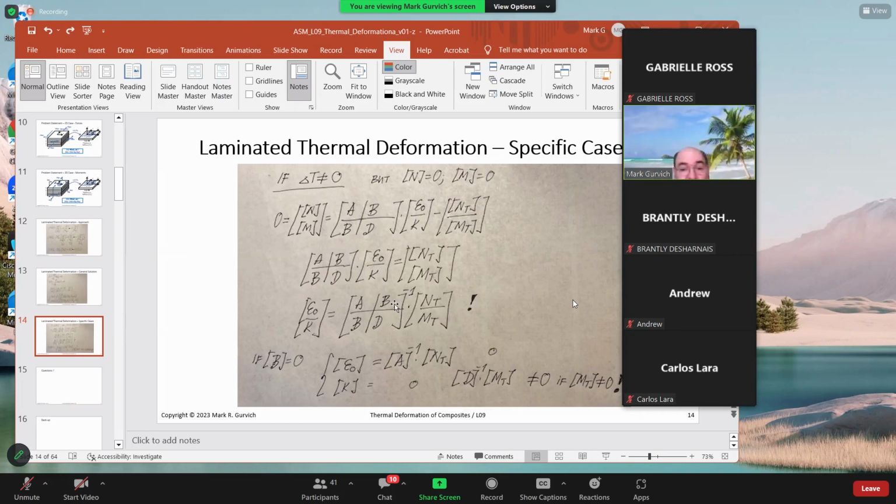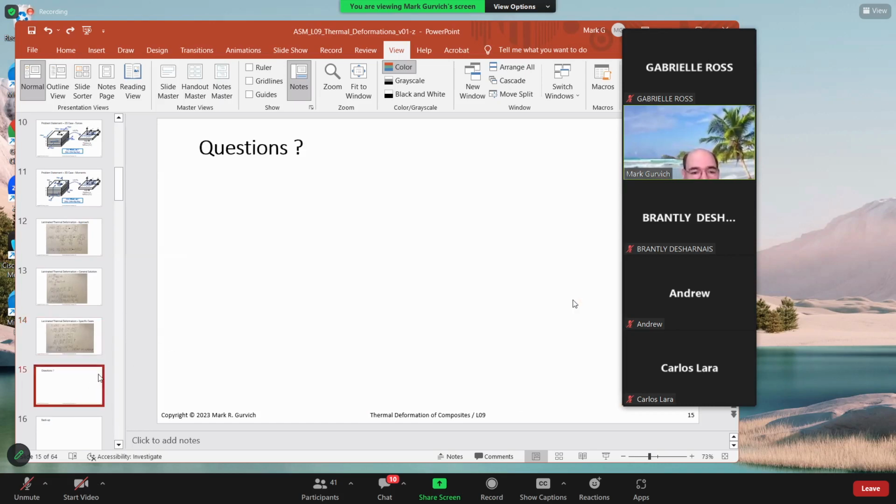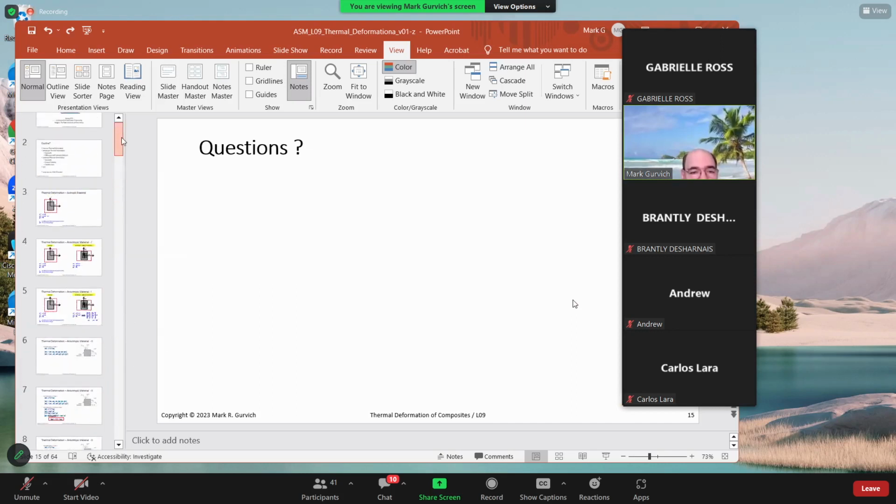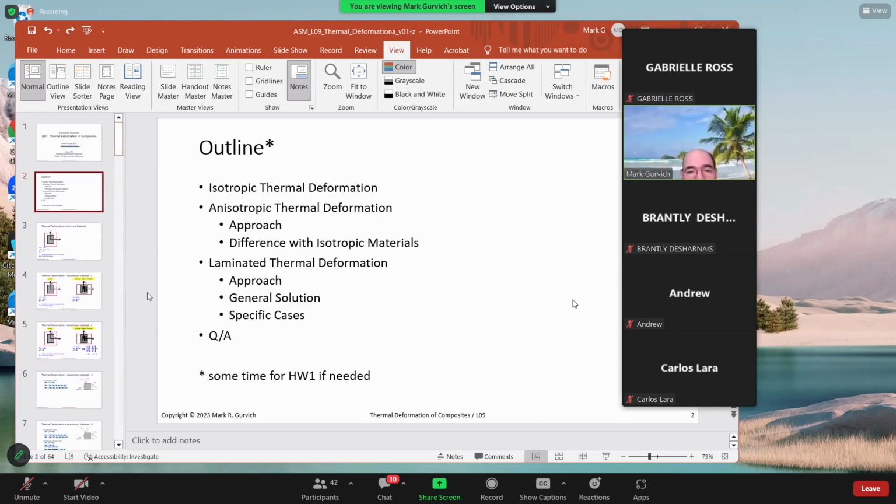So this is what I wanted to share with you with respect to thermal deformation for isotropic, anisotropic, and, as a variant of anisotropic, laminated materials. The major takeaway is that thermal is another component of load that we did not have in more traditional isotropic and homogeneous materials.